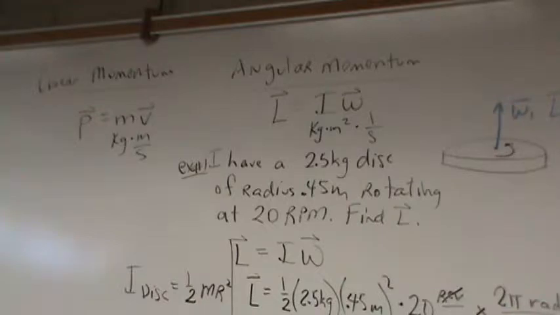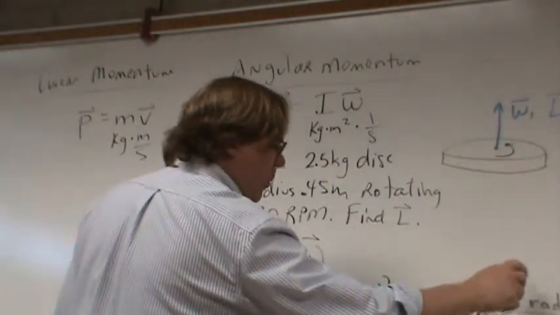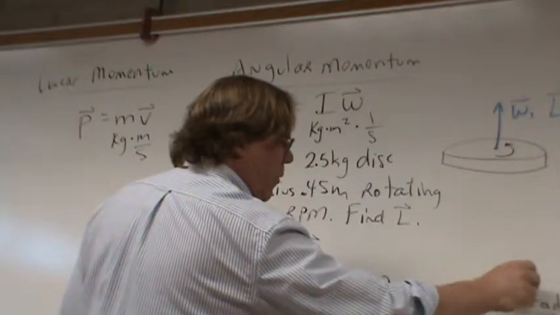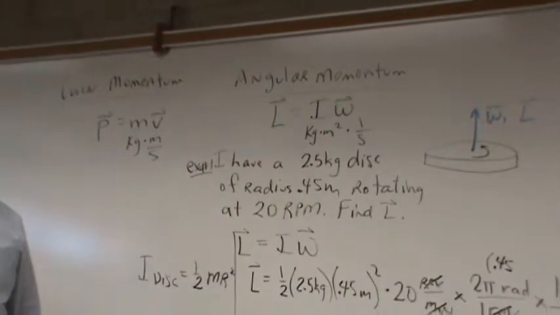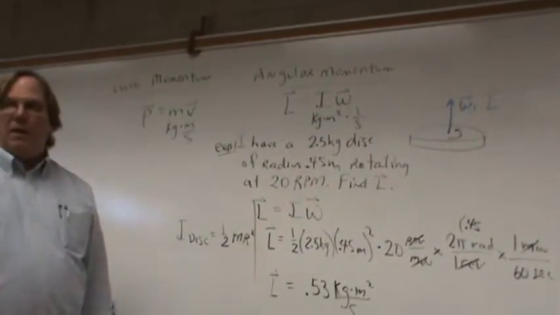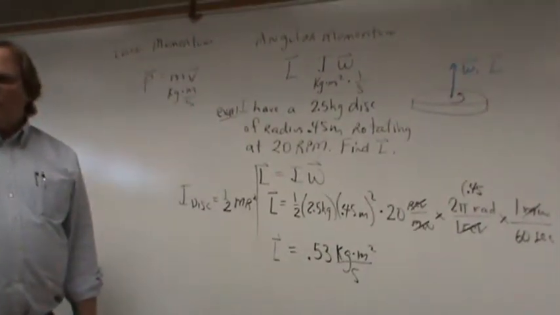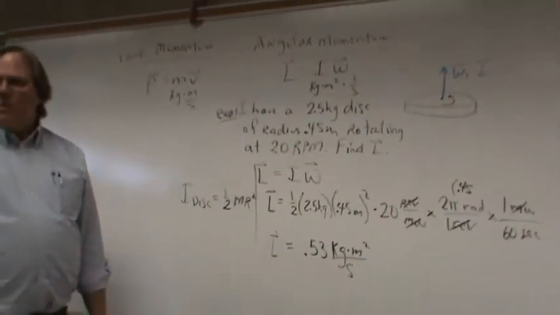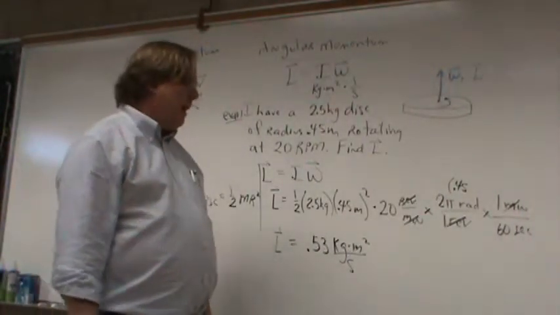Can I ask you one more question? Why don't I put the radius there? Why didn't I multiply by 0.45? Under what circumstances would I put a 0.45 there? Why is it just 2 pi, not 2 pi r? Yes? We're finding angular momentum, not linear momentum. Good. You're finding angular momentum, not linear momentum, right?